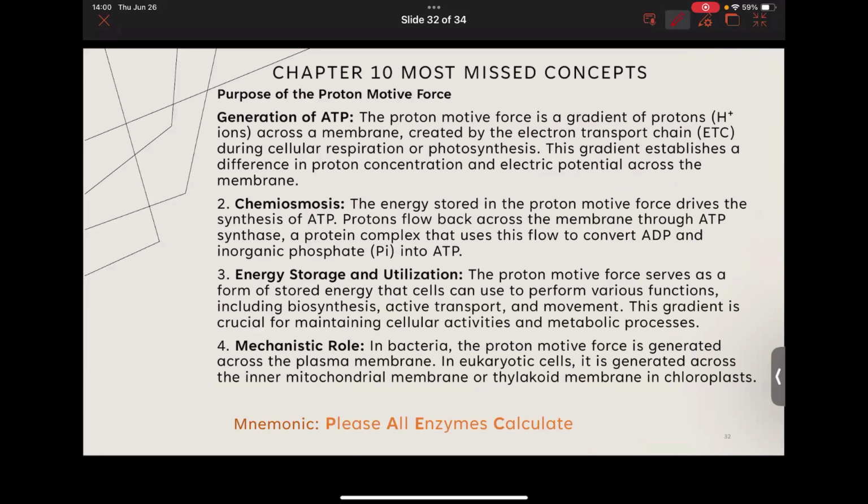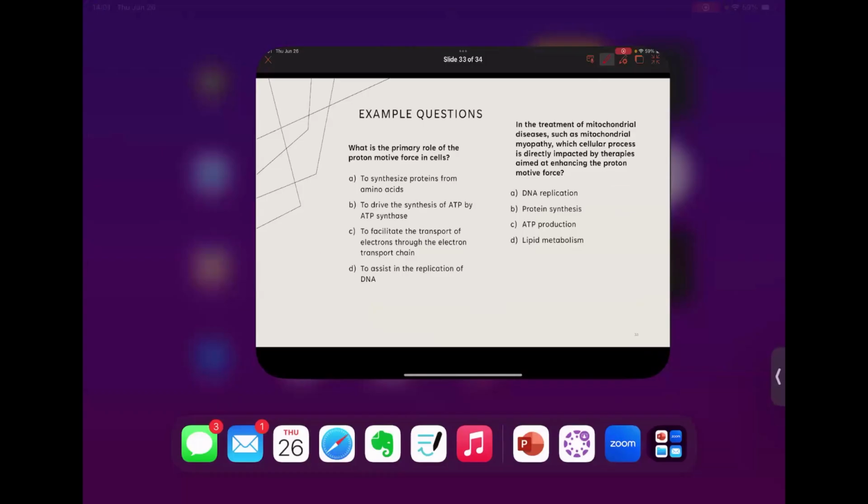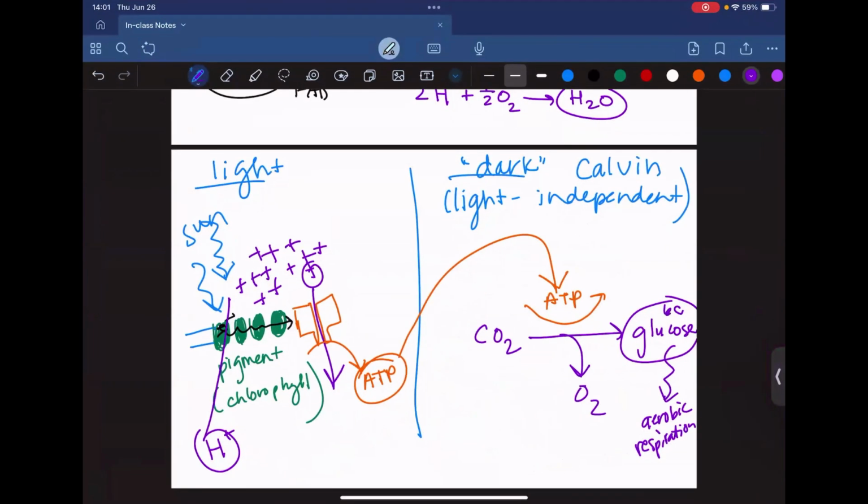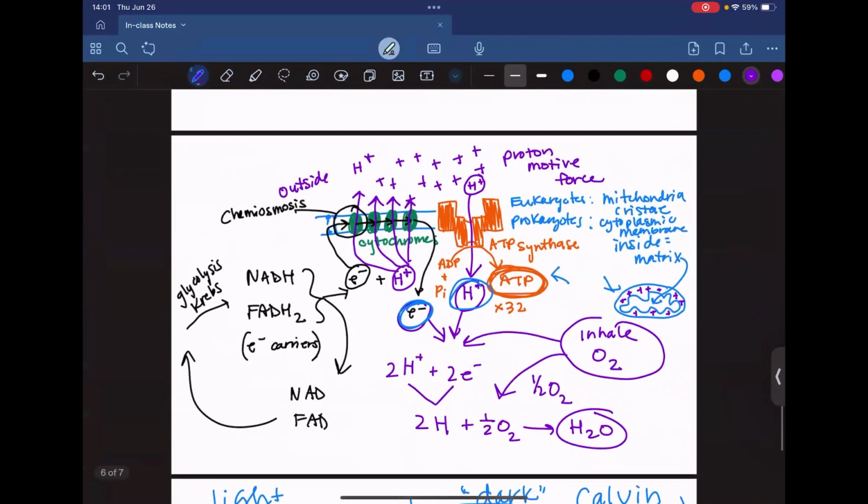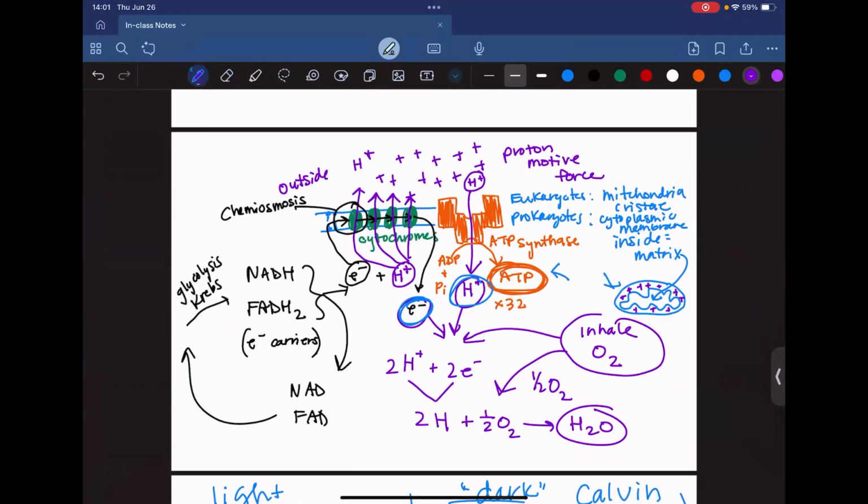The generation of ATP. This is our proton motive force. We can revert back to that image that we drew. This up here is our proton motive force. We're creating those protons by exciting the cytochromes with our electrons, pumping protons out. We brought the protons and the electrons on our NADH and FADH2, just to review.